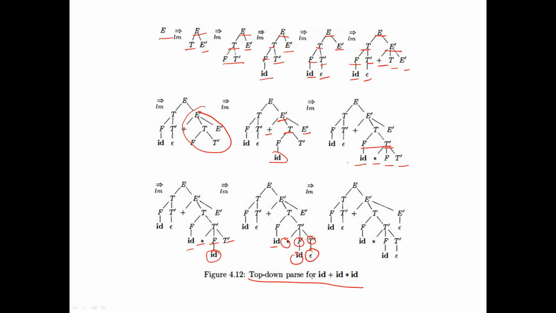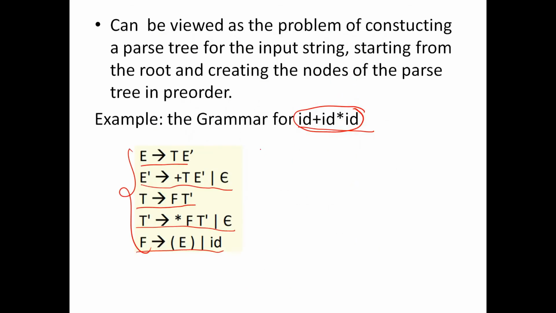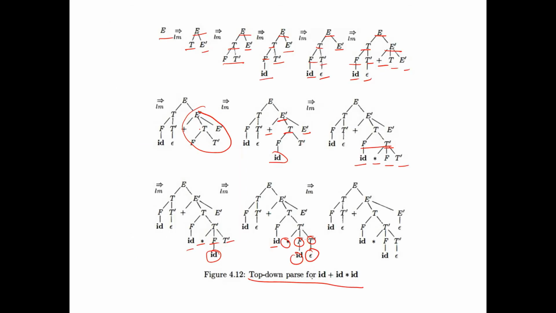Like that we can construct the parse tree using top-down parsing. We start from the top and go down to the bottom, and this tree can be constructed with the help of this grammar.